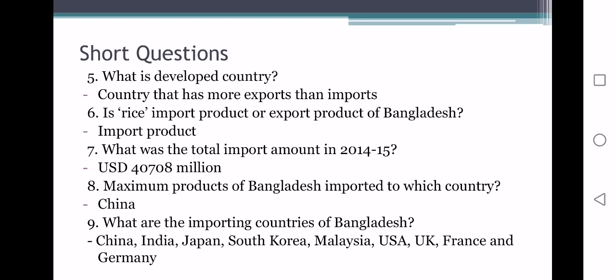But among these countries, China is the country from which Bangladesh imports its maximum products. And question number 9 is asking you for the importing countries of Bangladesh. Here you have to write all the countries' names from where Bangladesh imports its products.